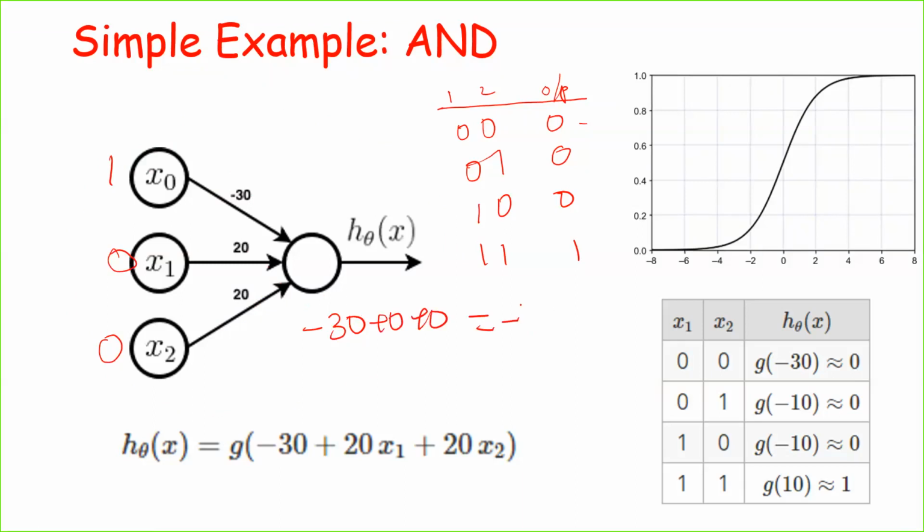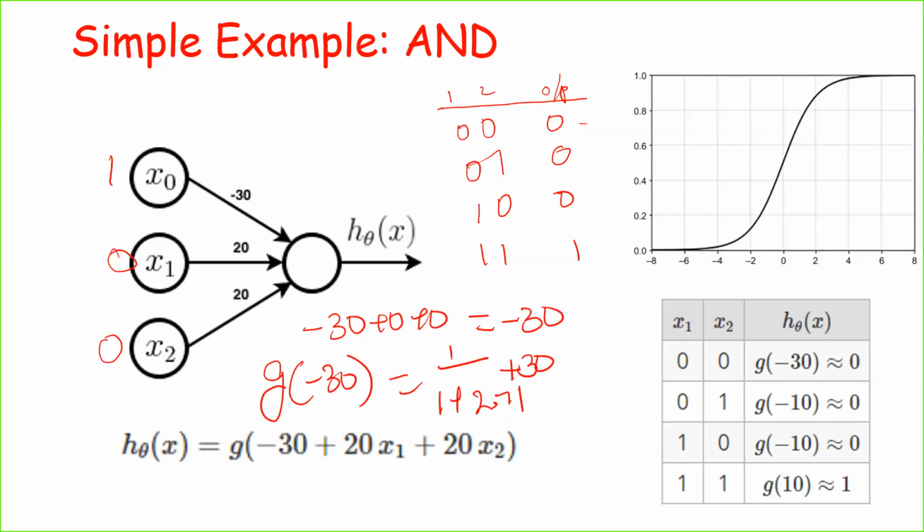After that, we give it to the sigmoid function, z of minus 30. That means 1 divided by 1 plus 2.71 to the power minus of minus 30, which is plus 30. 2.71 to the power 30 is a very big number.